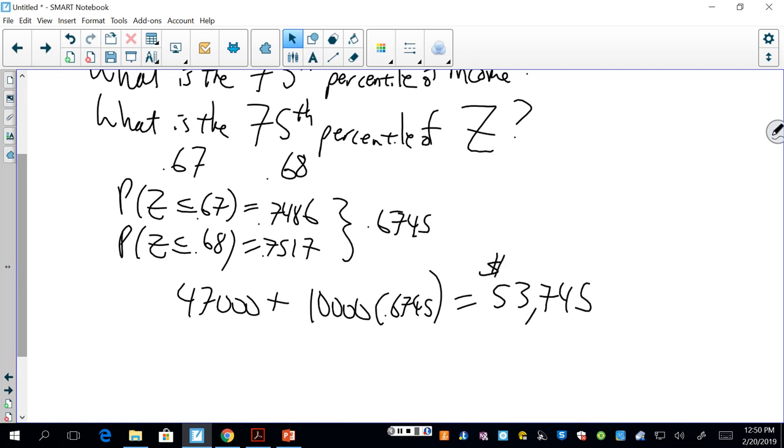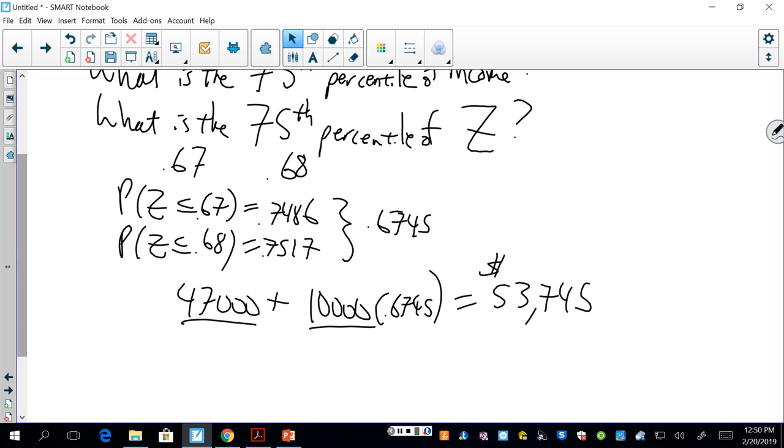So that would be the 75th percentile for income according to this distribution. So this was the average, and this is the standard deviation, and that's how it would scale up.